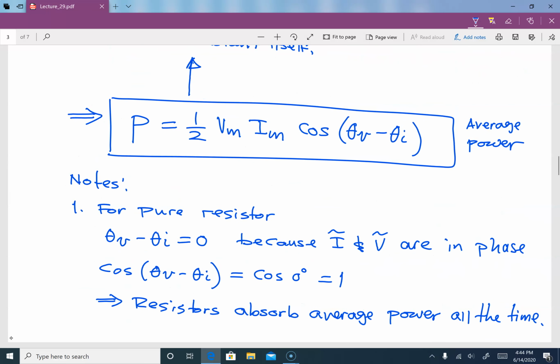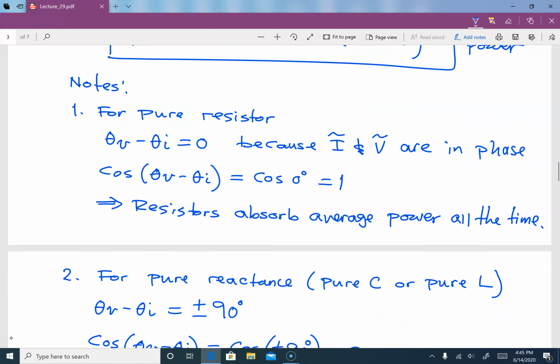Because look at our average power. If I have a pure inductance, then theta V minus theta I will be positive 90 degrees, and then that will be 1/2 Vm Im times 0. It will be 0.